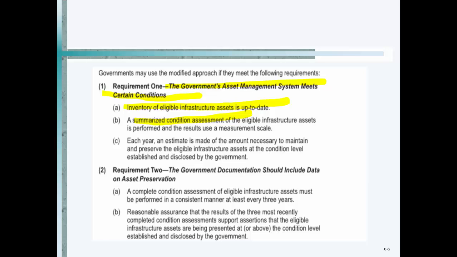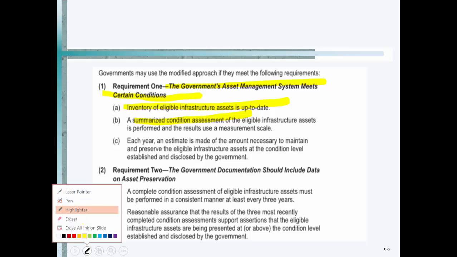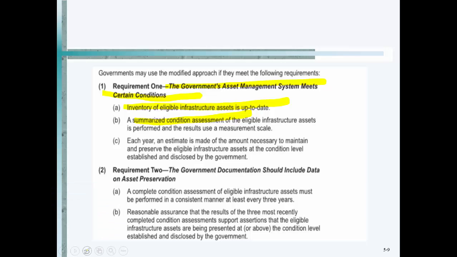When we do a condition assessment, we are literally going to go through our infrastructure assets and say whether or not we think they are in good condition, fair condition, or poor condition. There's no requirement as to how we characterize this.